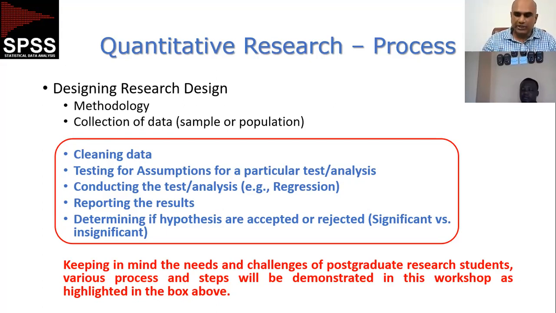Then we conduct those analyses such as regression or structural equation modeling, and then we report the results. Eventually, in chapter 4, we determine if our hypotheses are accepted or rejected. Then when we go to chapter 5, we explain these results.